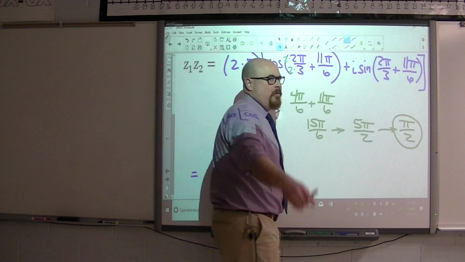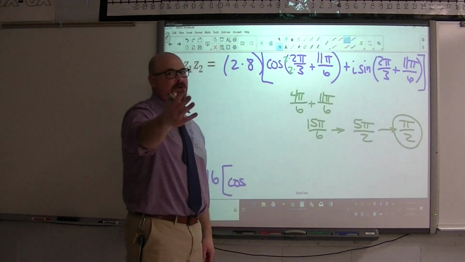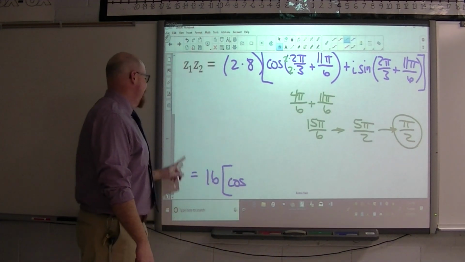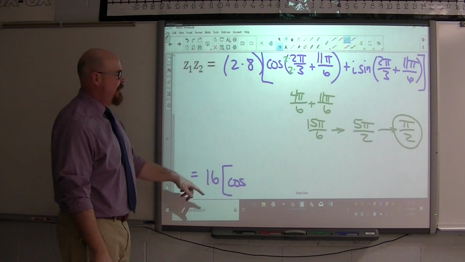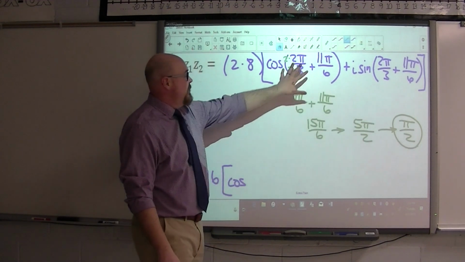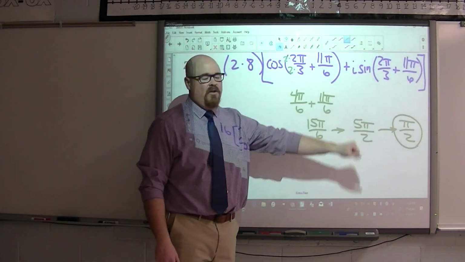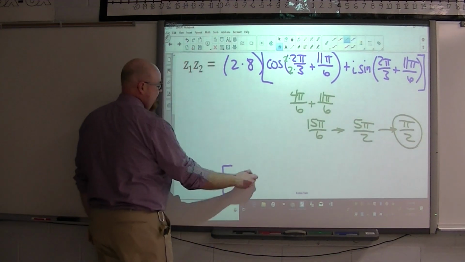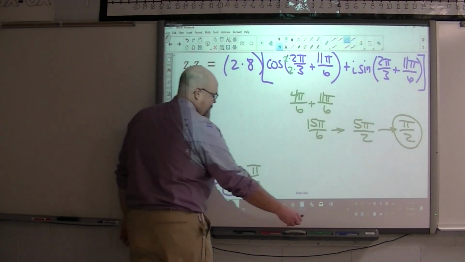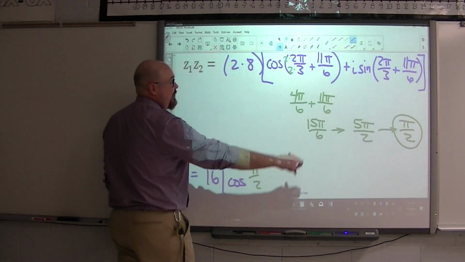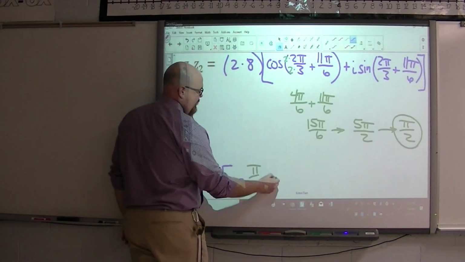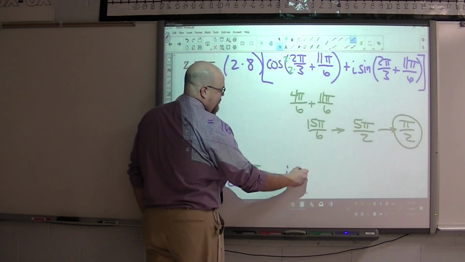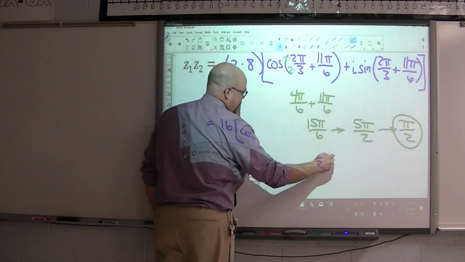I was waiting for Miss Epitello to respond, but she didn't. She's doing her own thing over there. Pi over 2. So we have the cosine of, we did this addition, we simplified it all the way down to pi over 2. So we're putting that in here. We don't have to go through that exercise twice. We're going to get the same thing here with this sine term. So we have the sine of pi over 2.